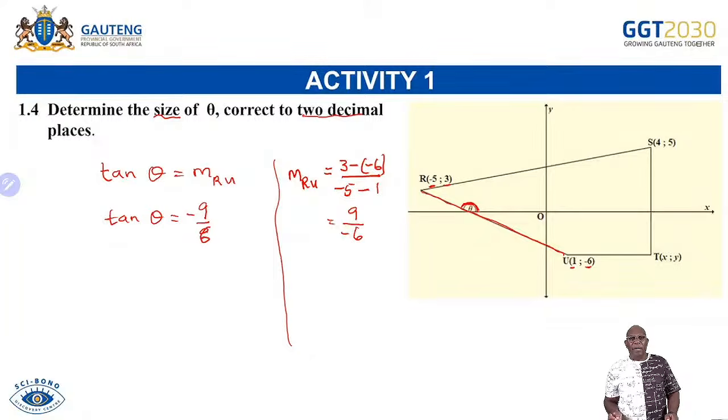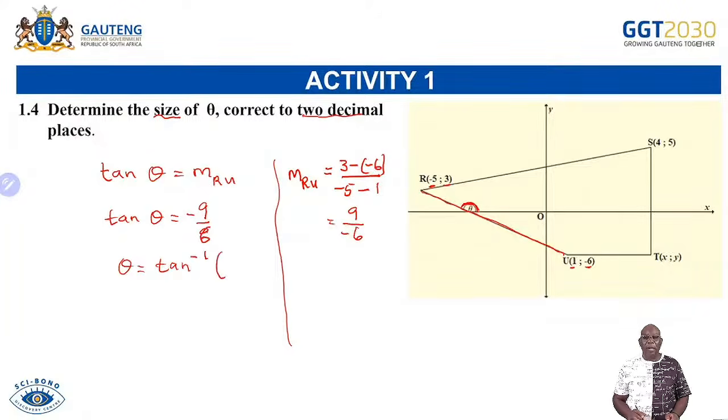Now, remember I need an angle. So how am I going to get an angle? So first, I must now say theta will be equal to, remember, you love your calculators, inverse tan of that. What you put inside, if it's a negative, you just put it as a positive. You don't put it as a negative. I'll explain why at the end.